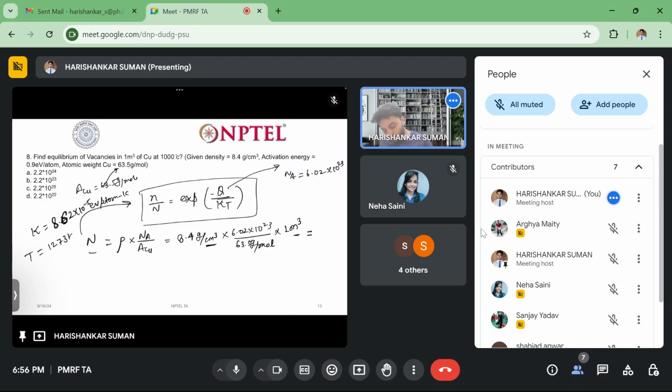Please put these numbers in this equation and find small n. You can take 5 to 10 minutes for this question. Please solve. Please tell me this number and also this number.